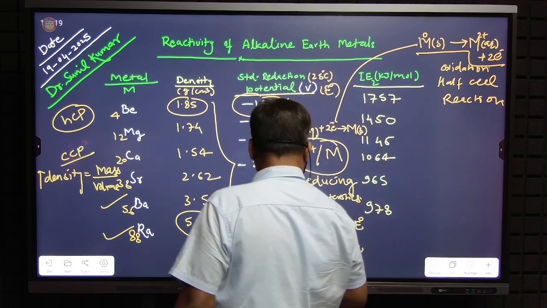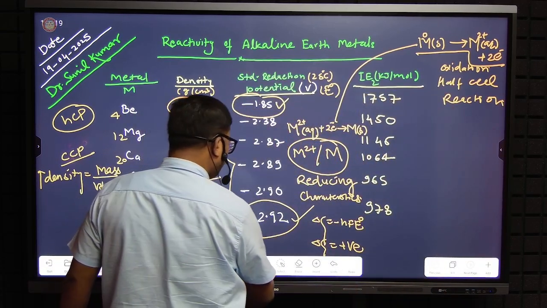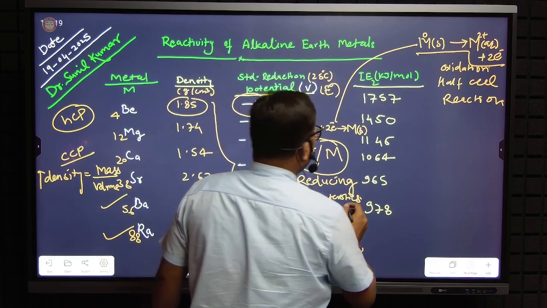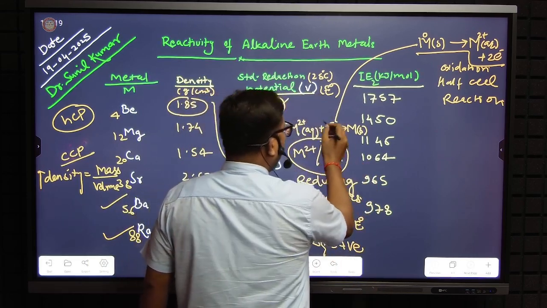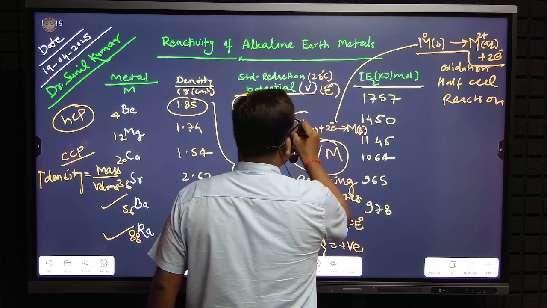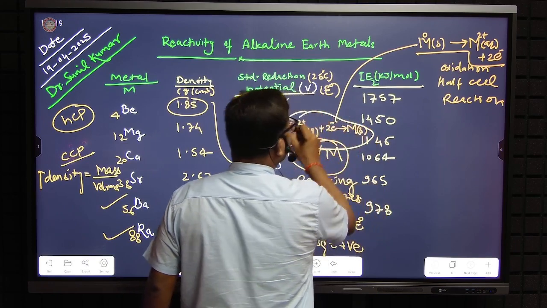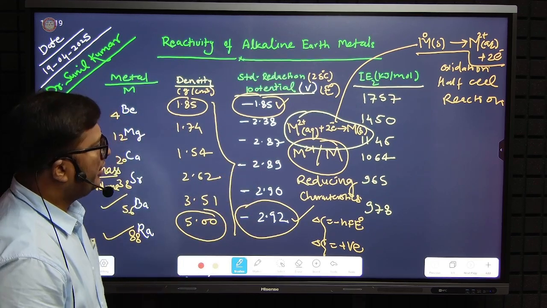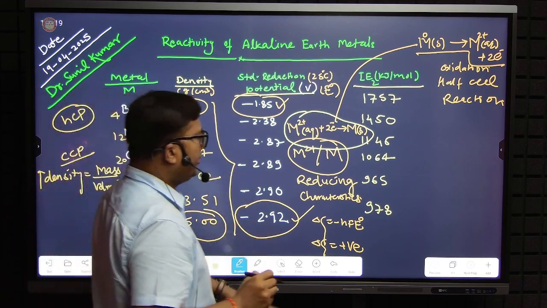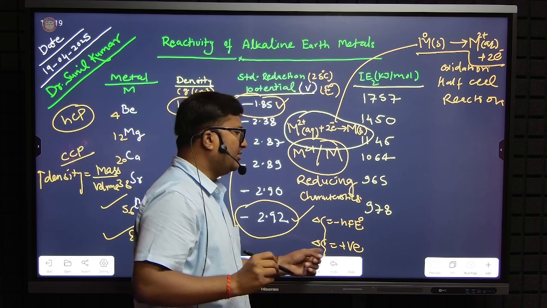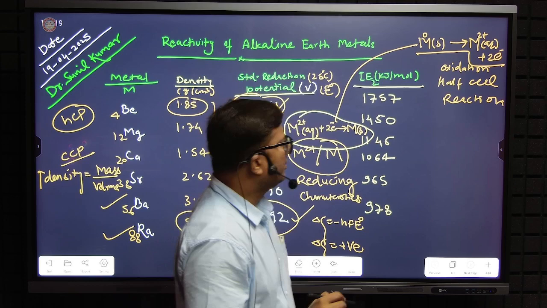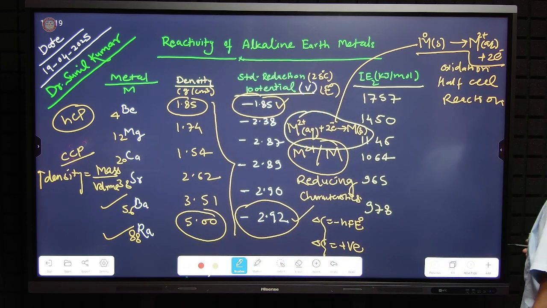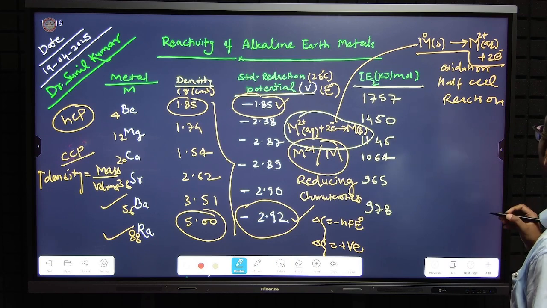And this is your reduction half cell reaction. Reductions are not feasible because of delta G positive character, right? But oxidations are thermodynamically favorable.